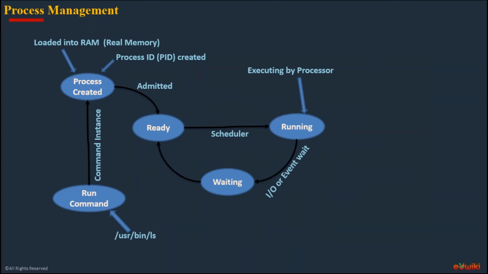So if 10 processes are created at the same time by 10 different users, the processor will execute only one process thread at a time. The other 9 process threads will be either in the wait or the ready queue, right? Once one process is completed, it will take on the other process. That is how the processes are executed in a sequential fashion.